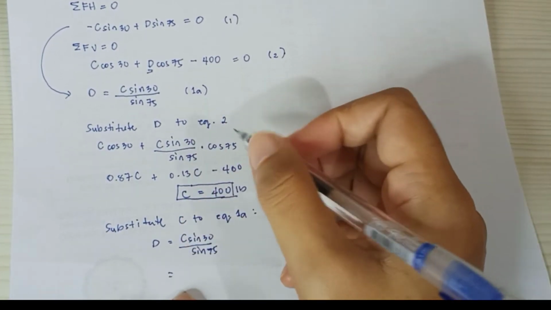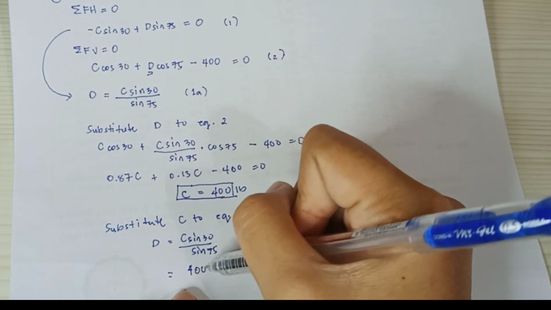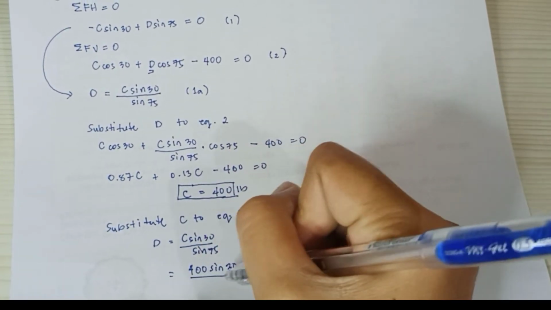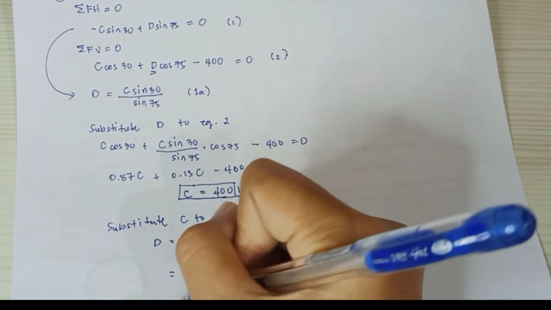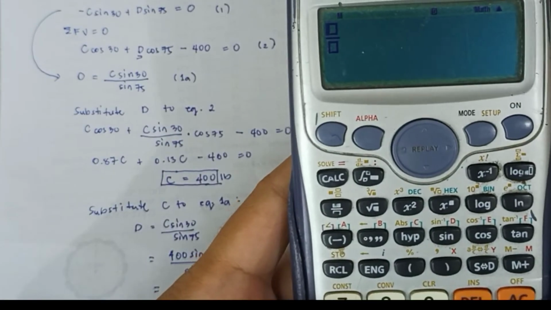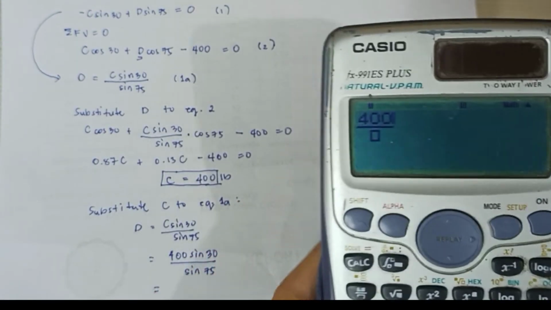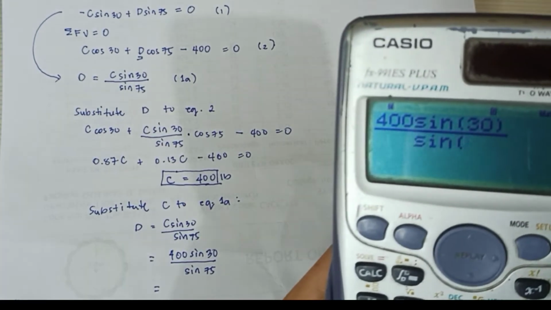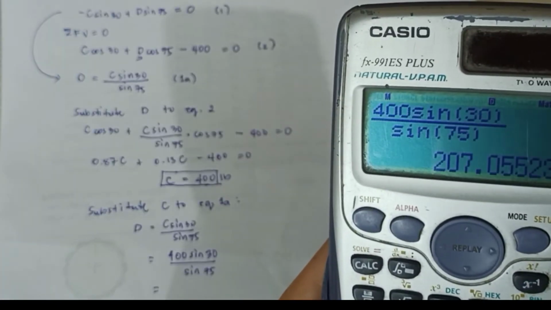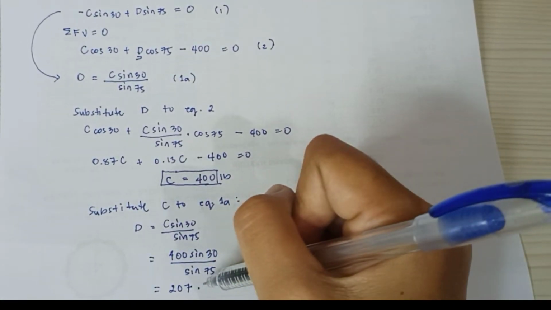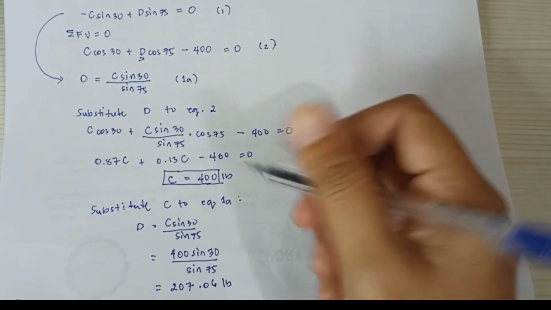So, D now becomes 400 sine 30 divided by sine 75 is equal to, diretso na natin sa calculator para madali, 400 sine 30 divided by sine 75, meron tayong 207.06 pounds.